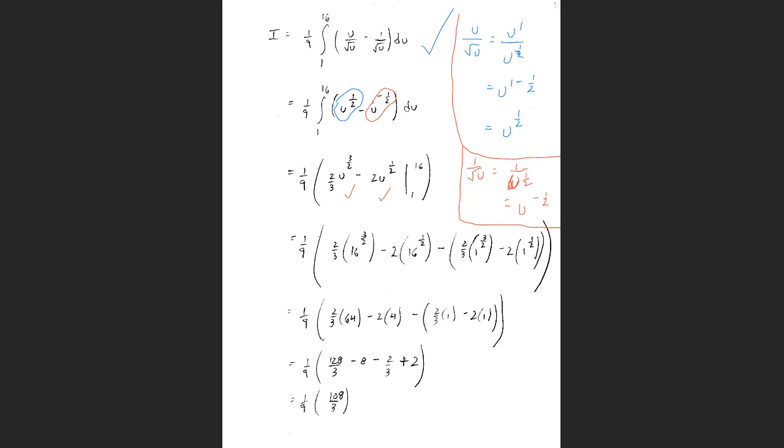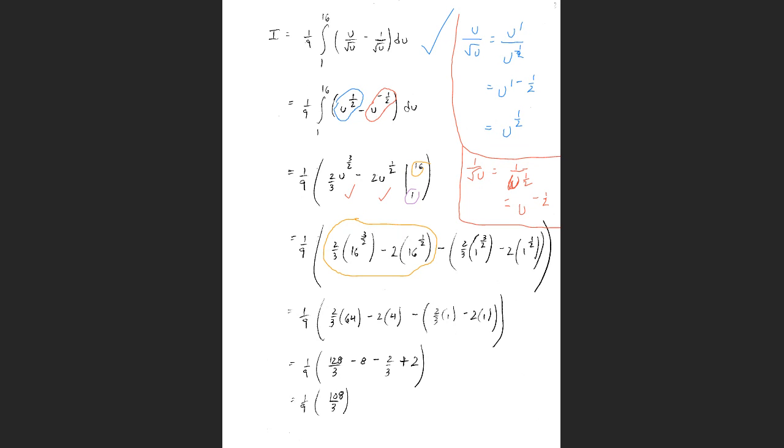Easy enough to get the antiderivatives of those two functions. And then you learned by the fundamental theorem of calculus how to evaluate. You have to put in the 16 limit first for u, which was done here, and then you have to put in the 1 limit for u next.